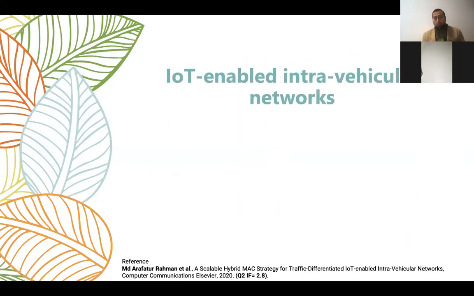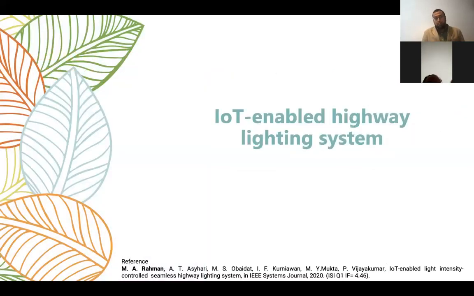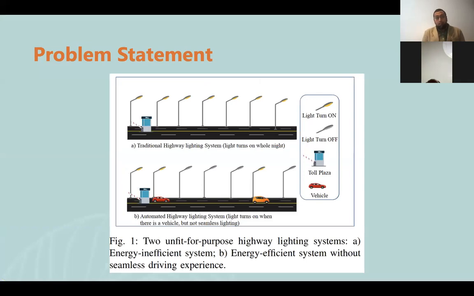Then I will move to another interesting topic where we can also exploit IoT for highway lighting systems. For further detailed information, you can explore our paper published in IEEE Systems Journal. I will briefly explain what the problem is.